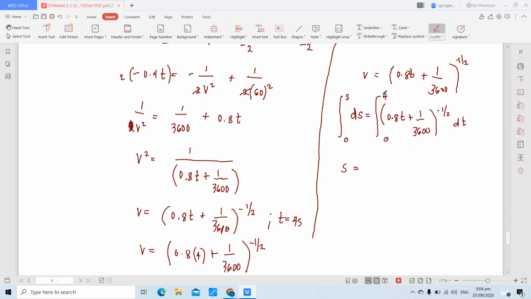Pwede na yun sa calculator dahil meron tayong upper limit, which is 4. So, type nyo lang as is sa calculator nyo, integral of quantity 0.8x plus 1 over 3,600 raised to negative 1/2 dx. Apply nyo limits doon, 0 to 4. Makukuha nyo yung position. Kindly calculate po.